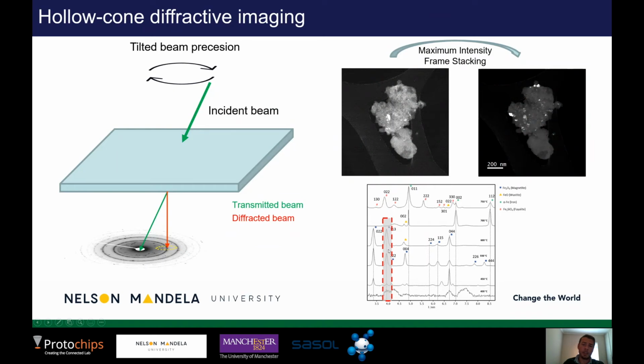And the example I'm showing here is for magnetite, where you would use an objective aperture and precess a tilted incident beam through 360 degrees to then give you the positions of those phases exclusively. And then you can generate a stack of images, which you can then process to give you the distribution of, or the positions of, these phases that you're specifically looking at.